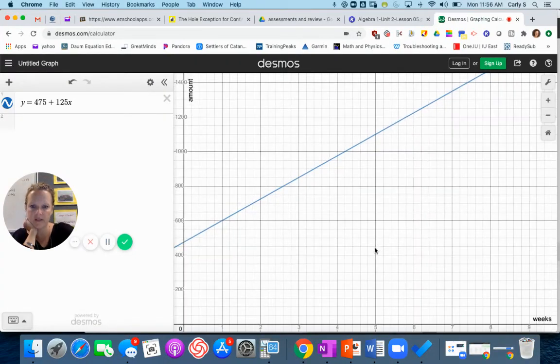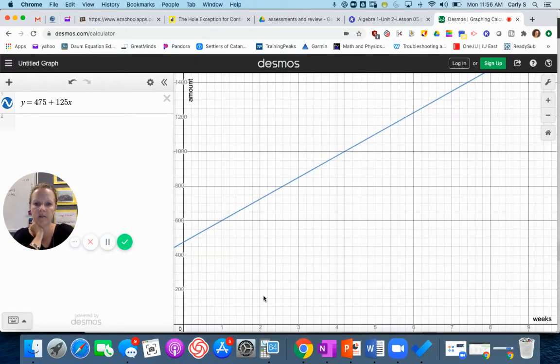I'm going to drag it just a little bit so I can see my XY axis a little bit better. So it wanted us to, how long will it take before she has 1,350? That was 7 weeks. Write an equation, check. Graph your equation using graphing technology. Mark the points on the graph that represent the amount after 3 weeks and the week she has 1,350. So 3 weeks would be 3 comma, what did we have, $850.